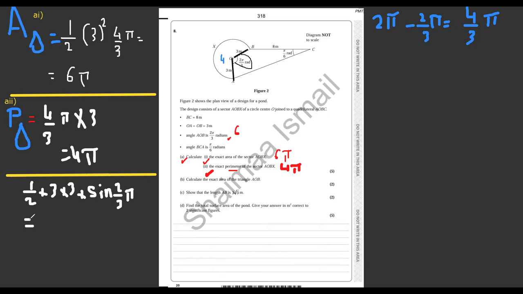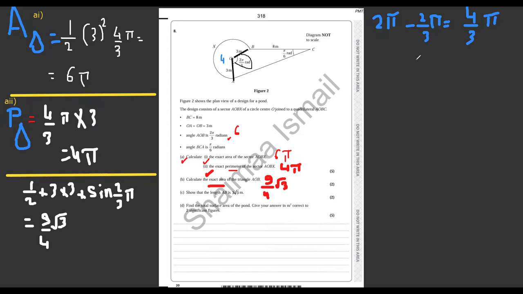The total area is 9 over 4 root 3. So here the area of the triangle will be 9 over 4 root 3.